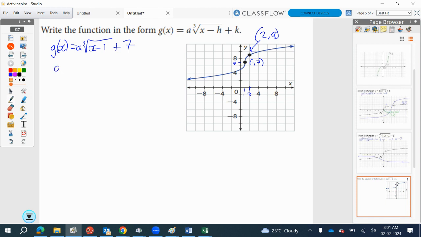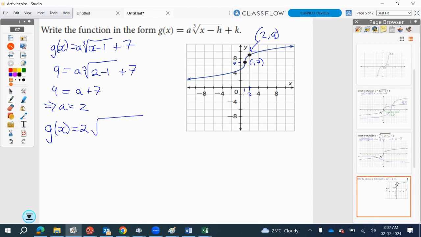So we put those values in. 9 equals a cube root of 2 minus 1 plus 7. So we get 9 equals a plus 7. A is equal to 2. So finally, g of x is equal to 2 cube root x minus 1 plus 7.